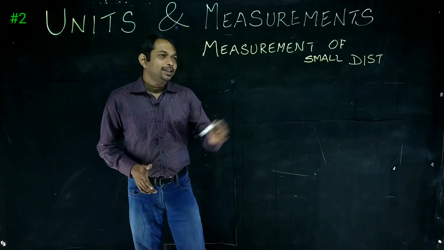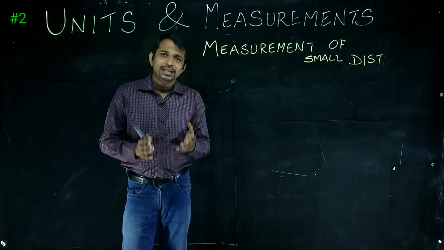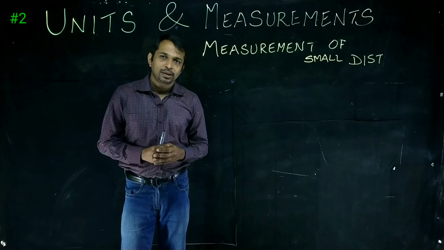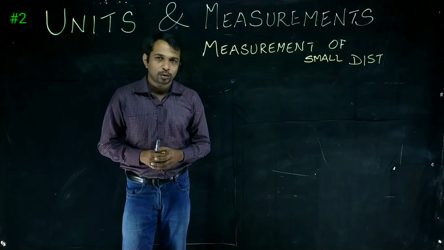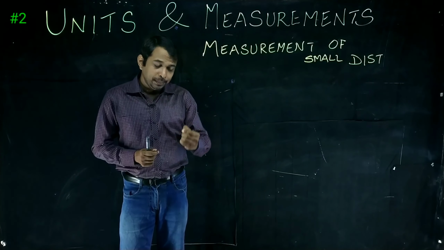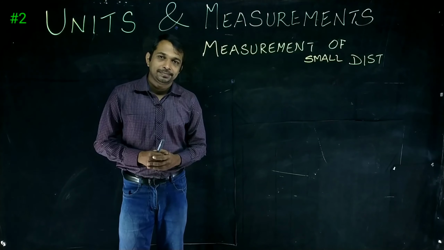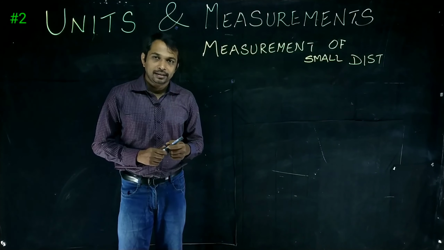Now the next topic, measurement of small distances. To see certain things which we cannot see using our naked eye, what is the instrument that we are using? Yes, microscope. And what is the medium that we are using to see those objects? Is it the visible light or the sunlight, right?